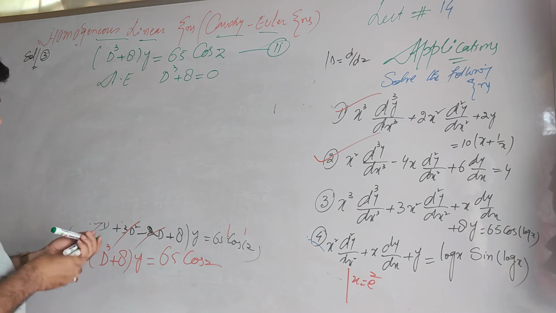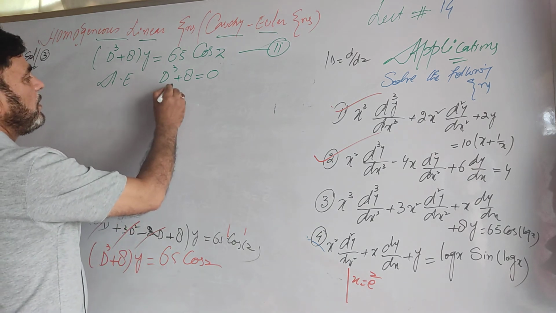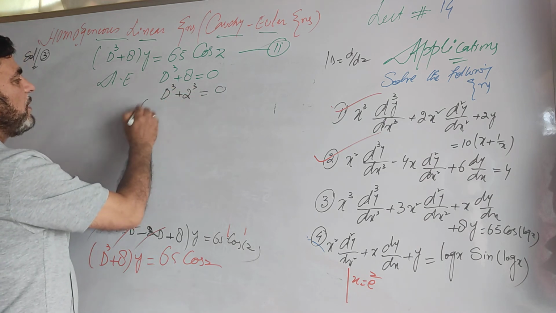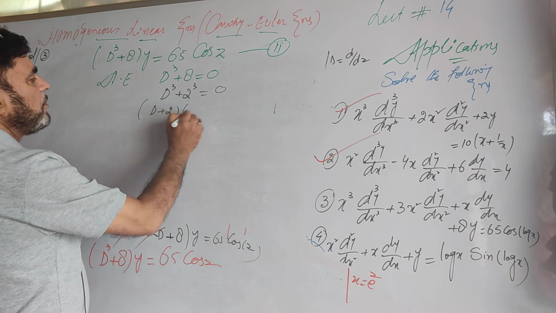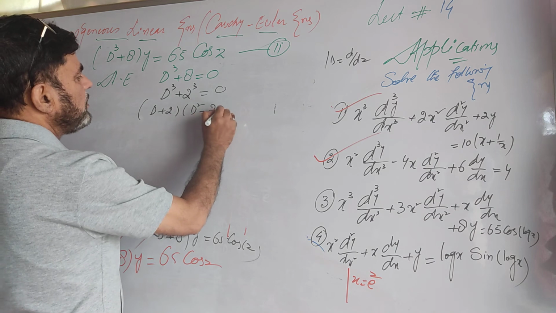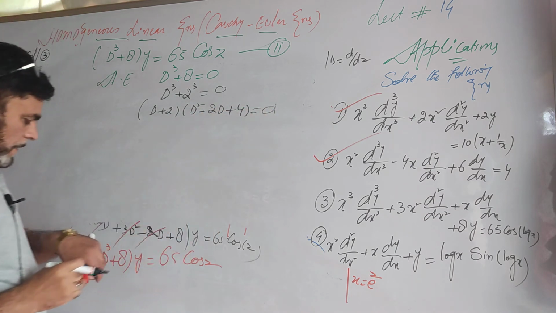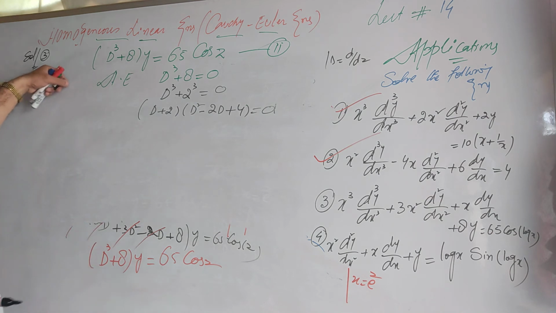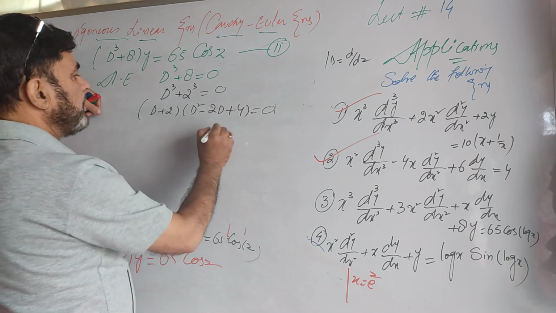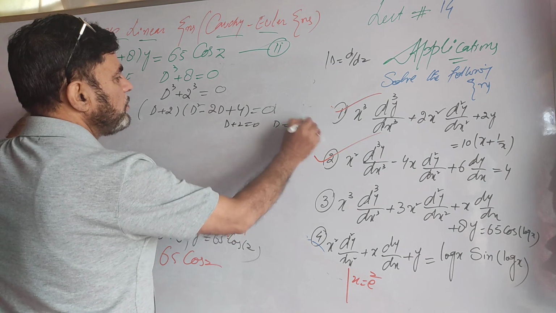How do you solve it? You can have it as factors. This is actually D cube plus 2 cube is equal to 0. Using a cube plus b cube, a plus b into a square minus ab plus b square, you get D plus 2 into D square minus 2D plus 4 is equal to 0. This gives one factor, one root: D plus 2 is equal to 0, so D equal to minus 2.